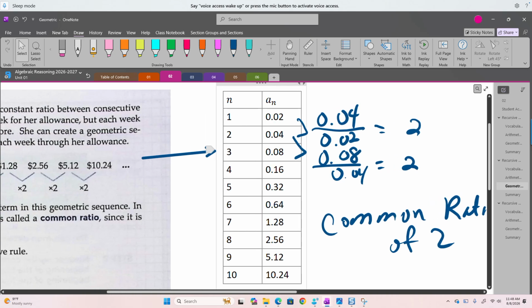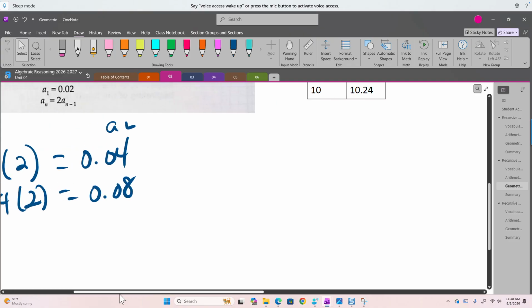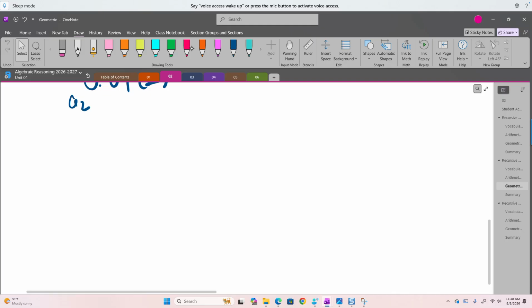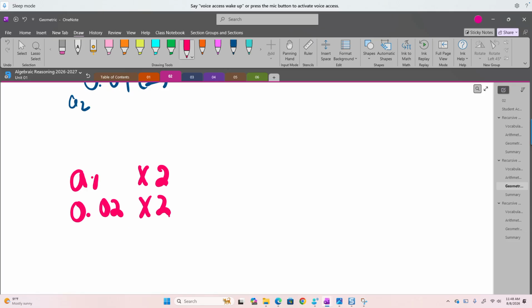Our explicit rule for this: we took a sub 1, which was 0.02, and we multiplied it by 2 to get a sub 2, times 2 to get a sub 3, times 2 to get a sub 4.